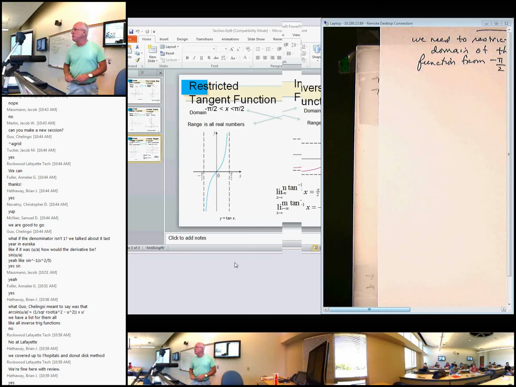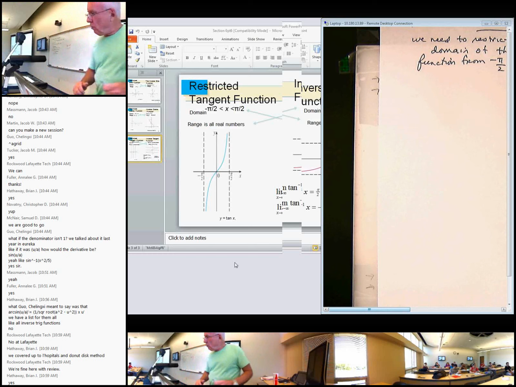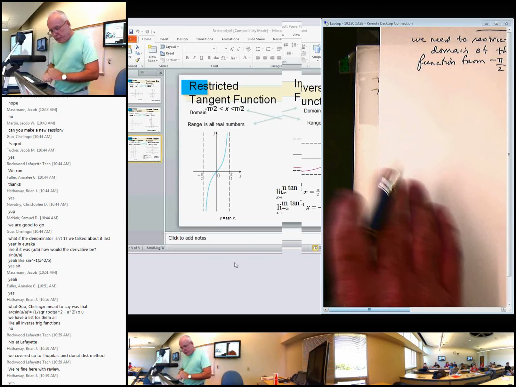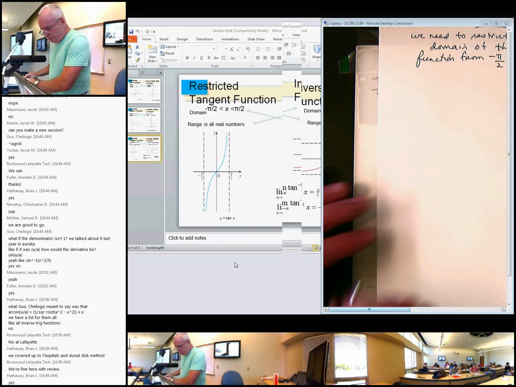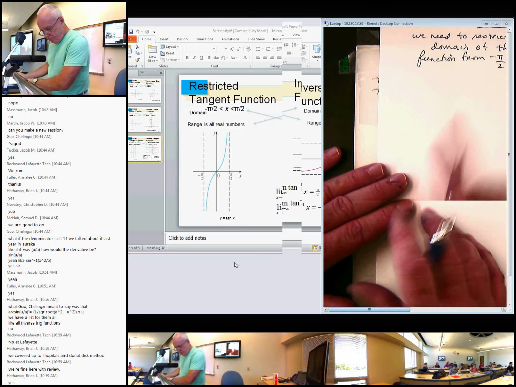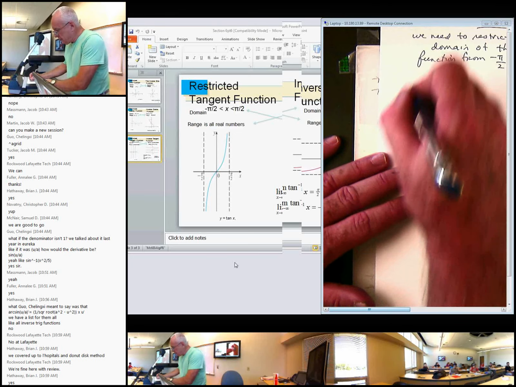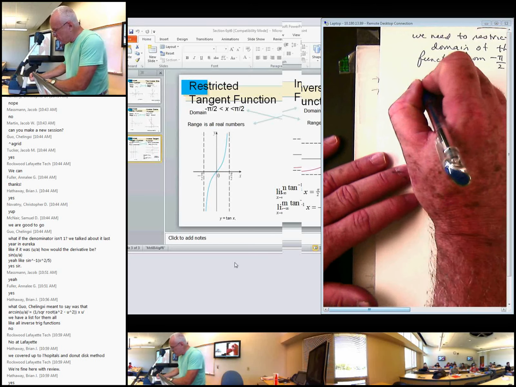I think everybody's here. Okay. All right. Where were we here? Okay, we're at the inverse tangent here. Let's just go with what tan inverse of x equals.